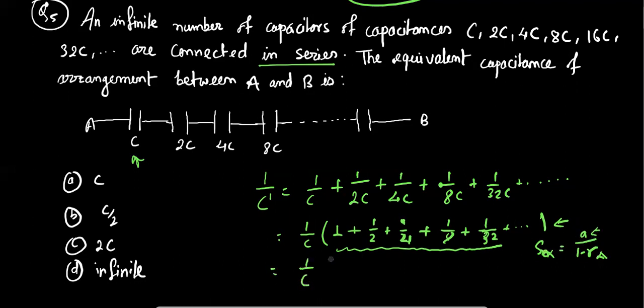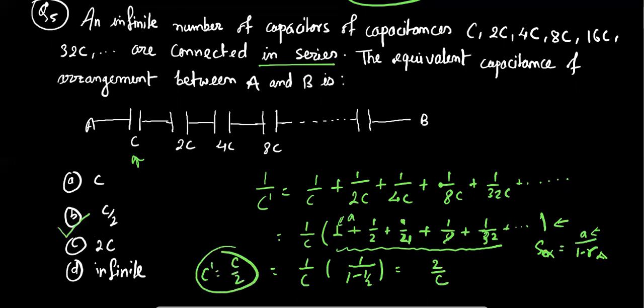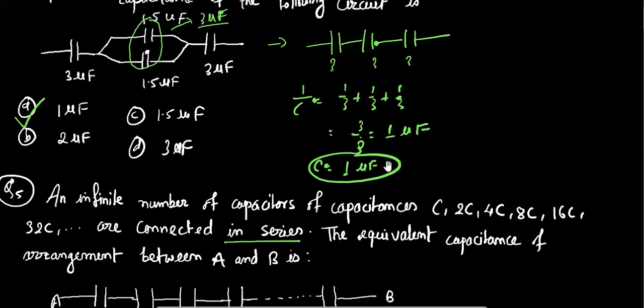The first term is 1 and the common ratio is half in each case. So 1 by C times 1 over 1 minus 1 by 2 gives 2 by C, and that's why C dash will be equal to C by 2. So our answer is option B. Well, this is question number 5.